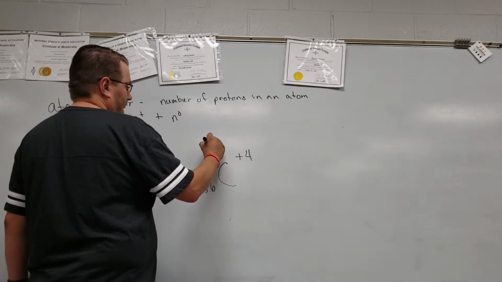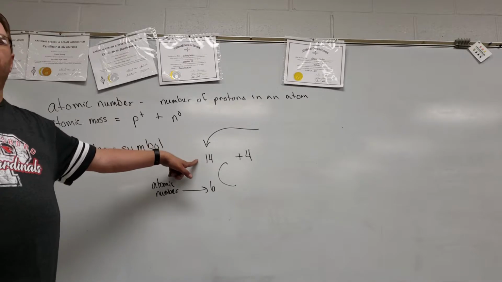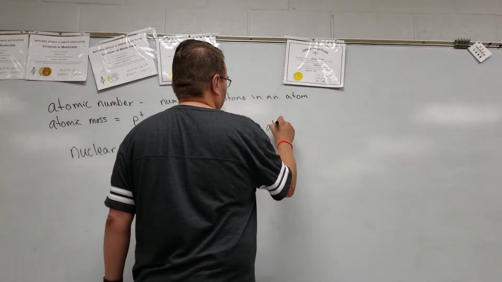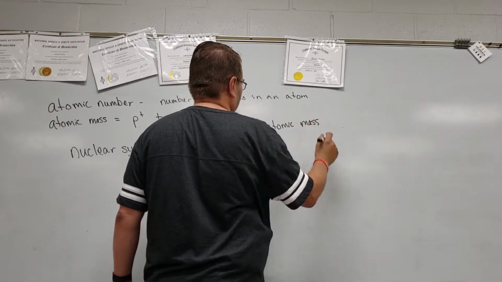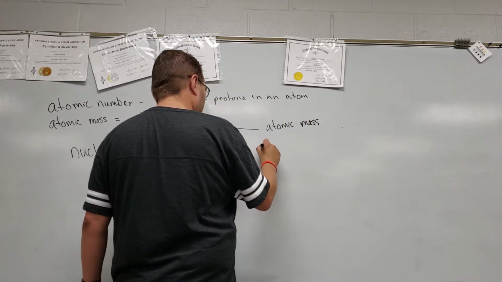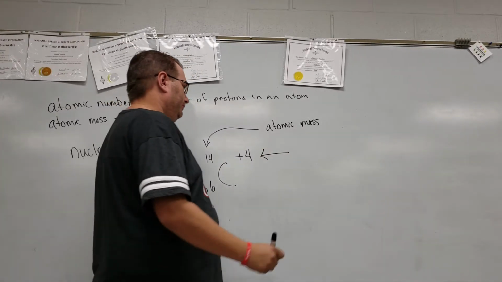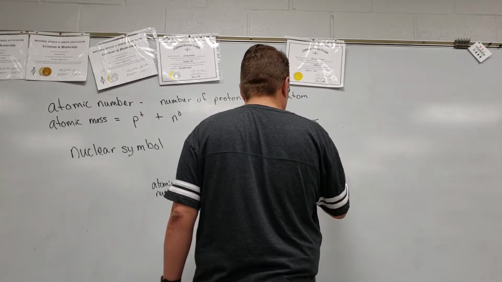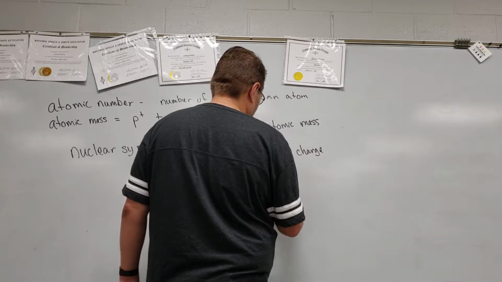What's this right here? It's where it is on the periodic table. What's the 14 stand for? Atomic mass. What's the 4? The charge. And this is just the element symbol.